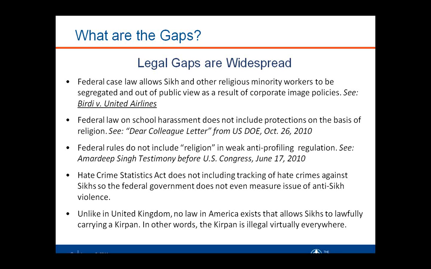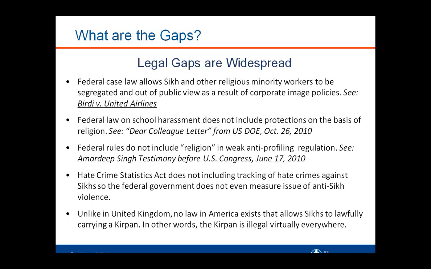Religion, interestingly enough, is not one of the protected categories, and obviously that's a huge gap for Sikhs, who are, as I've gone over, suffering. Our kids are suffering in school in ways that many parents are not aware of, but they are suffering.